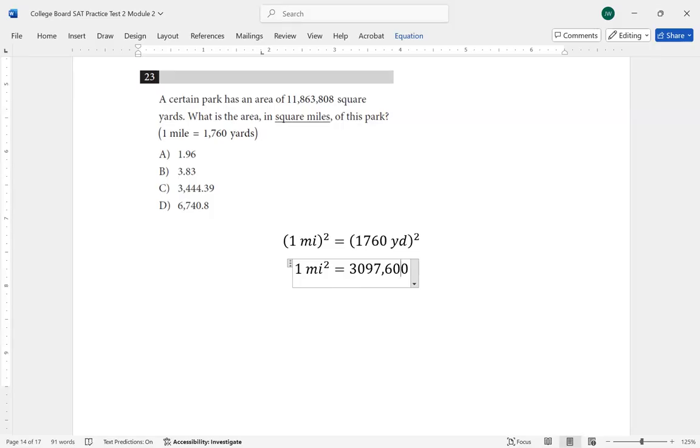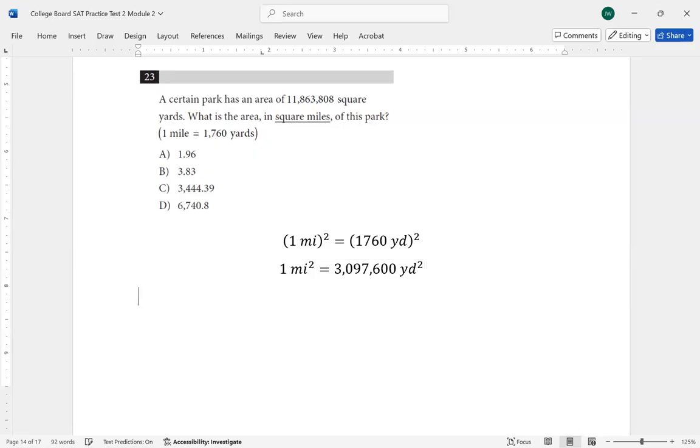So that is 3,097,600 square yards. Again, I'm just squaring 1760 on my calculator. We're taking 1760 times itself. So that's the conversion from square miles to square yards.